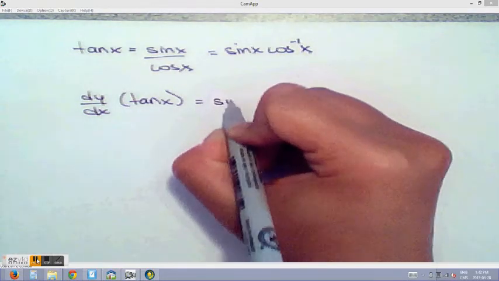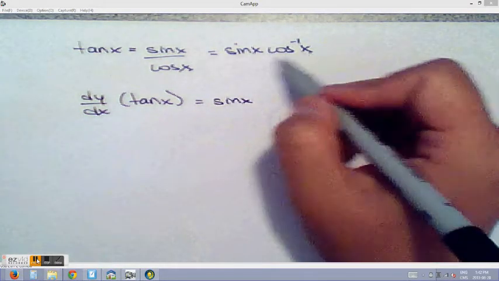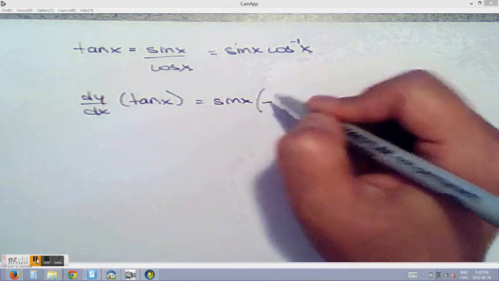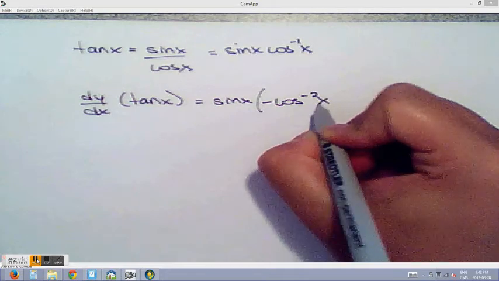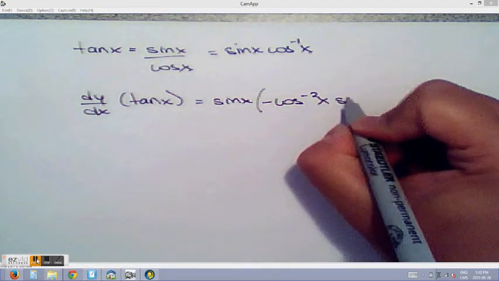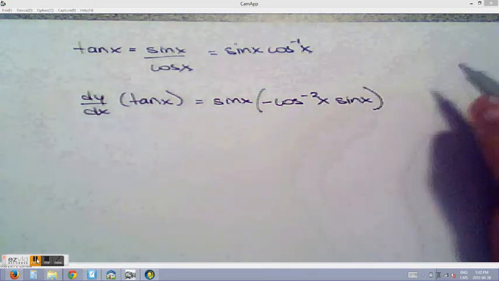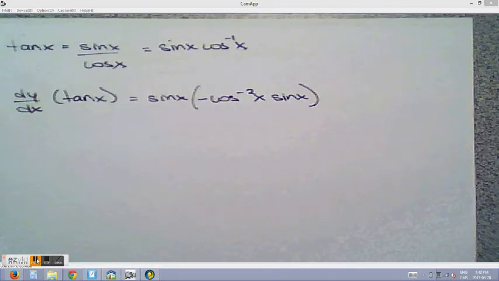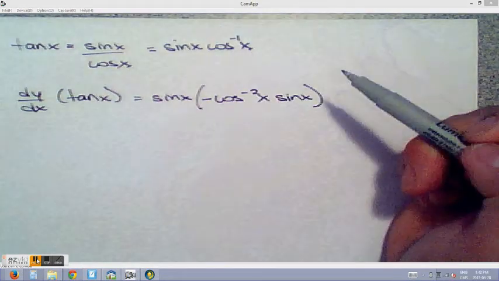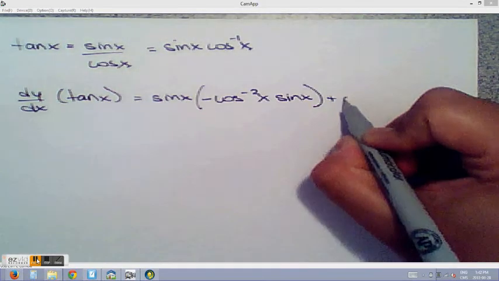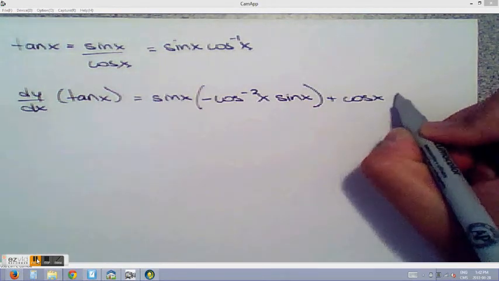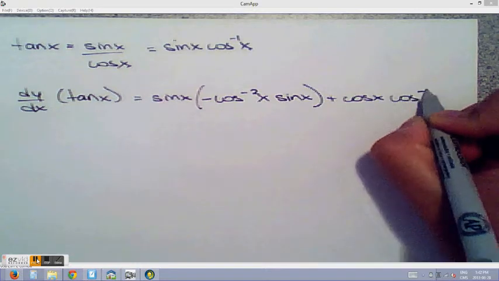So the first, sine of x, times negative cosine of negative 2x times sine of x. I've just used the product rule and power or chain rule here, plus the derivative of the first, which is cosine of x, and the second, cosine of negative 1x.